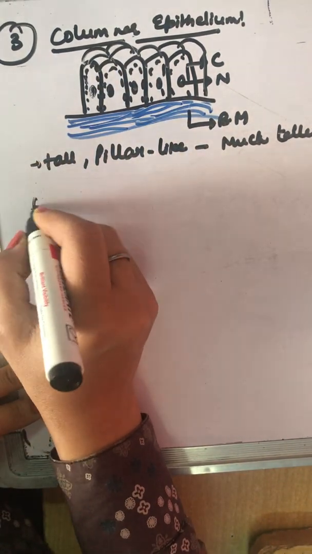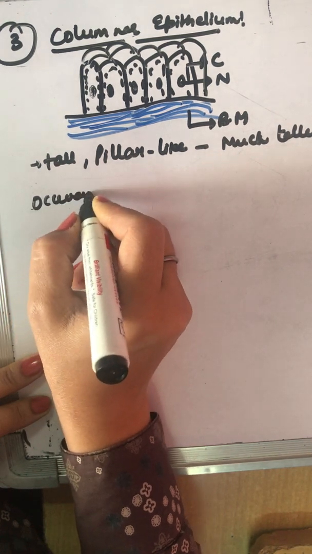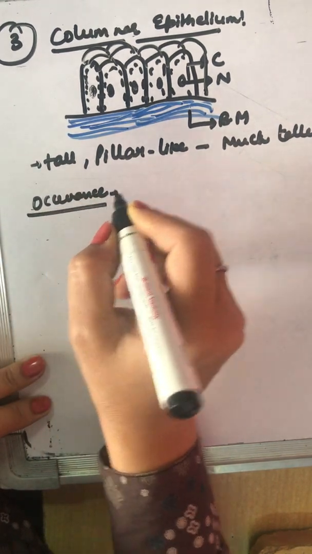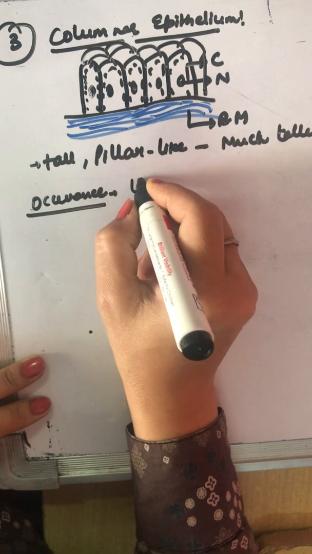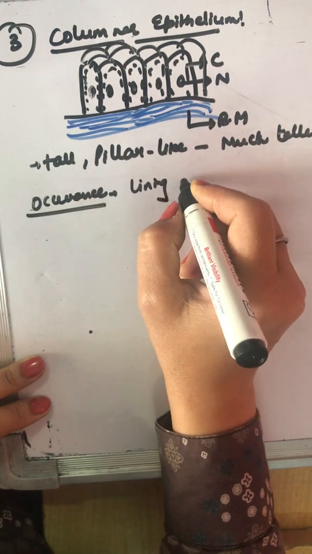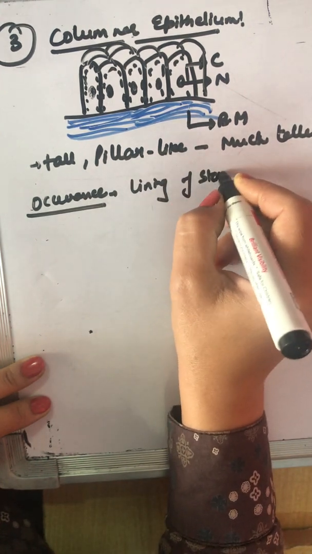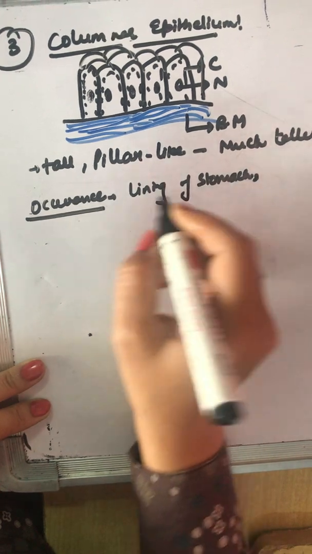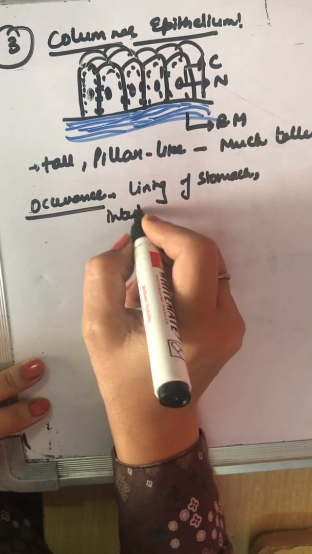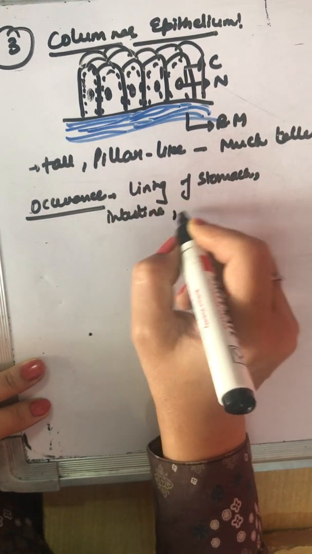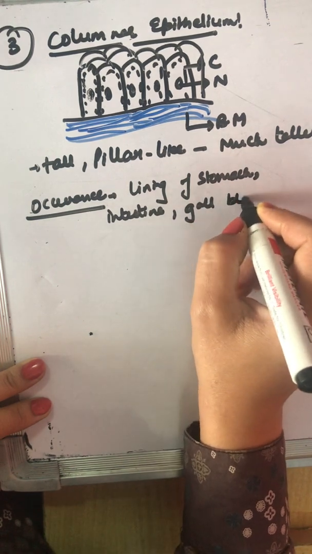Occurrence. These occur in the lining of stomach area, intestine area, and gallbladder.